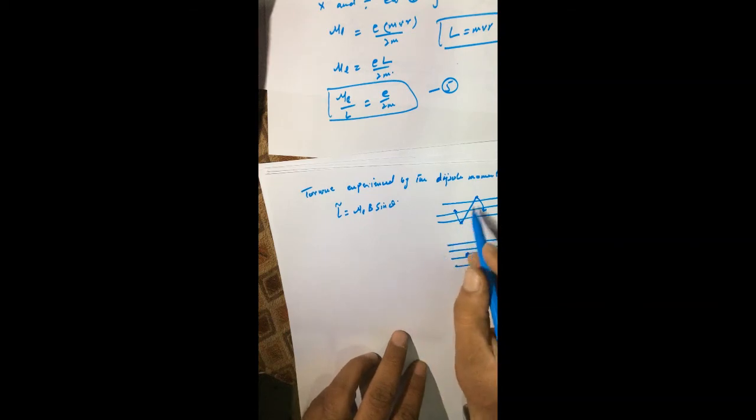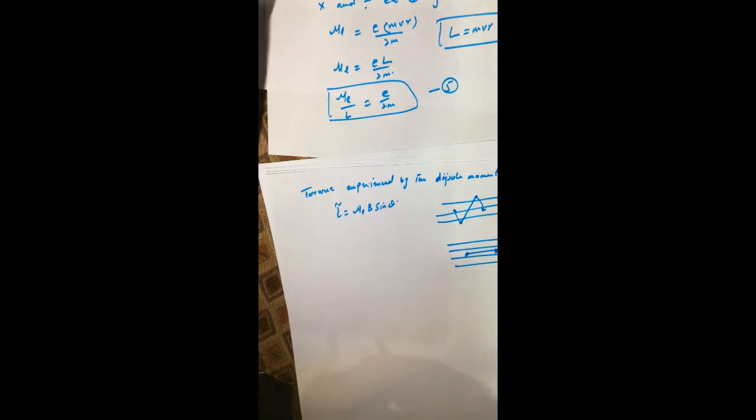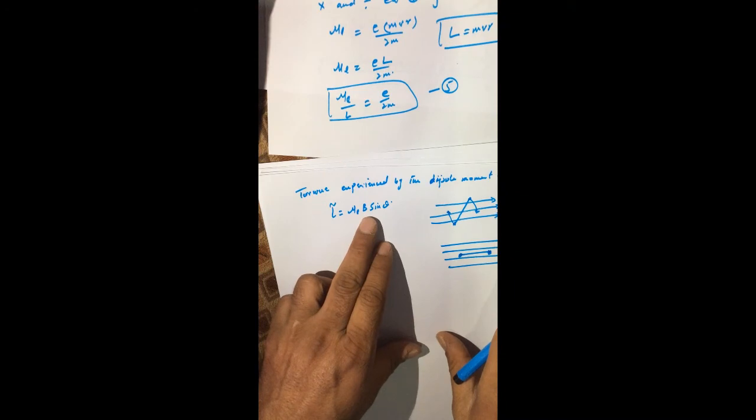Similarly, when a magnetic dipole moment is placed in external magnetic field, then again that dipole moment aligns itself in the direction of magnetic field. So torque is also produced in that dipole moment, which is given by this relation.